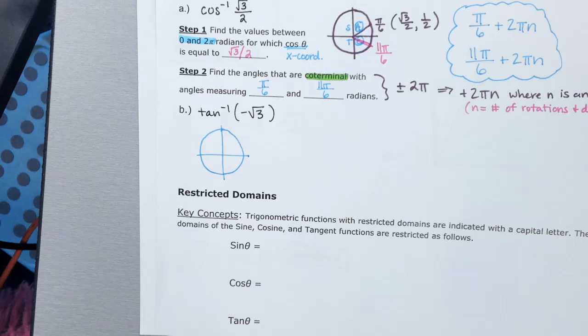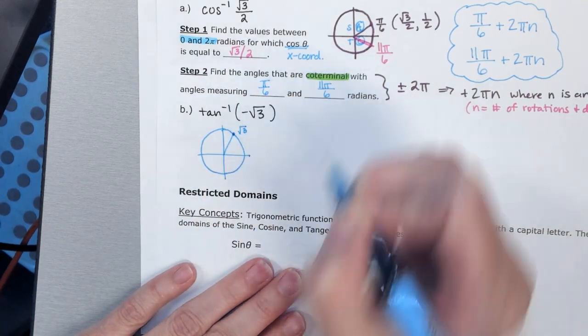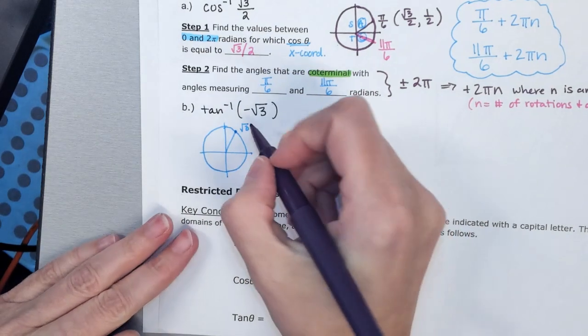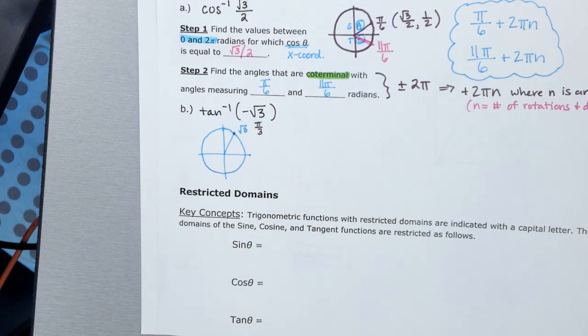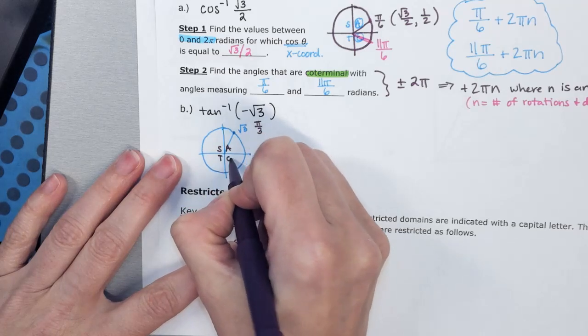Okay, so in quadrant 1, I know that root 3 is here at pi over 3, right? That's what we just found. Okay, so I'm using my knowledge from quadrant 1 to help me figure out the rest. And I'm also going to use All Students Take Classes.